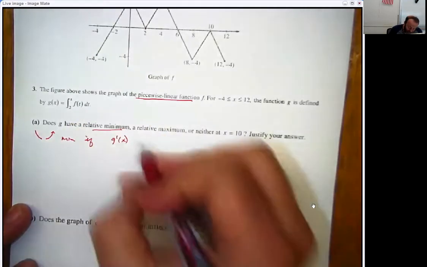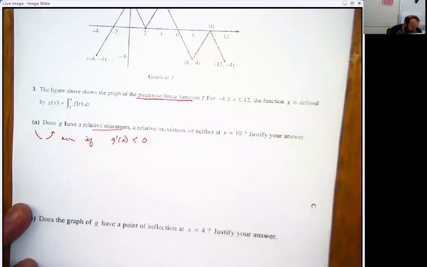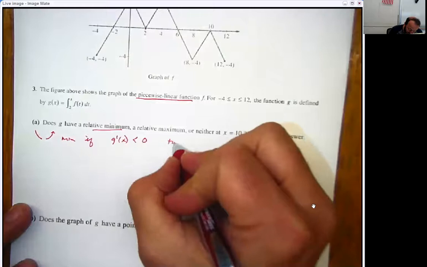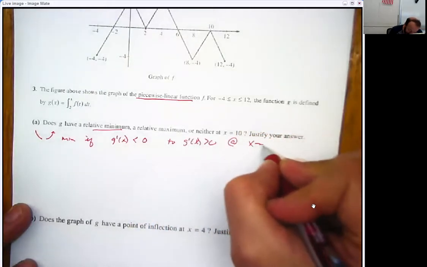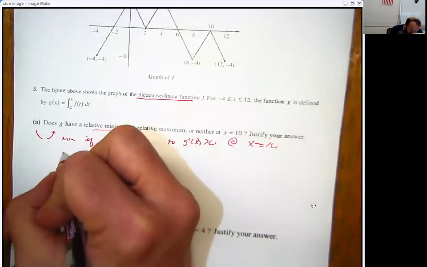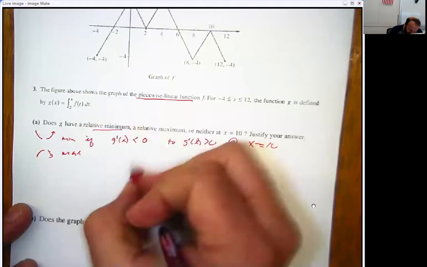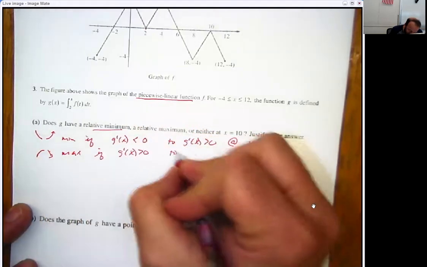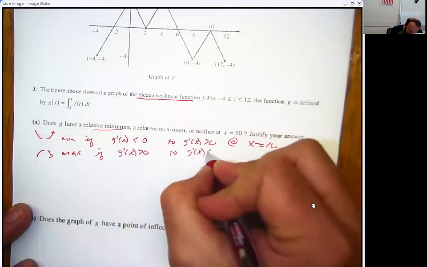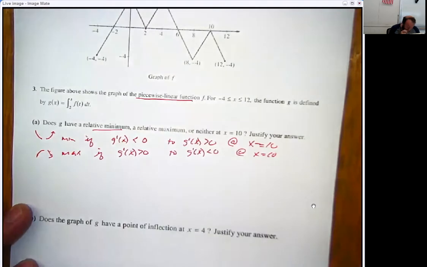So I would want g prime of x to go from below 0 to above 0 at x equals 10. It's a maximum if the derivative goes from positive to negative. So if g prime of x goes from above 0 to below 0 at x equals 10. So that's the only way that that could happen.